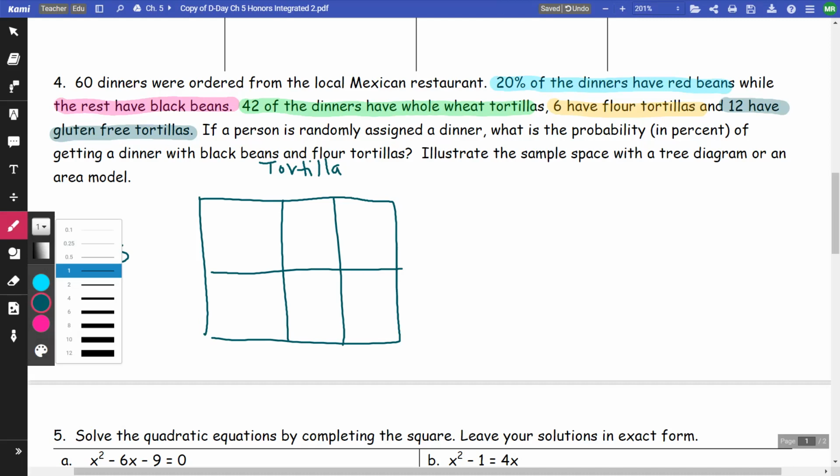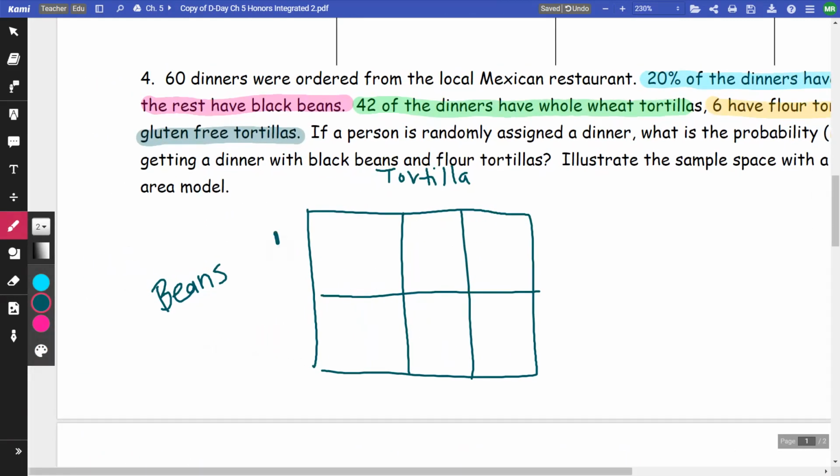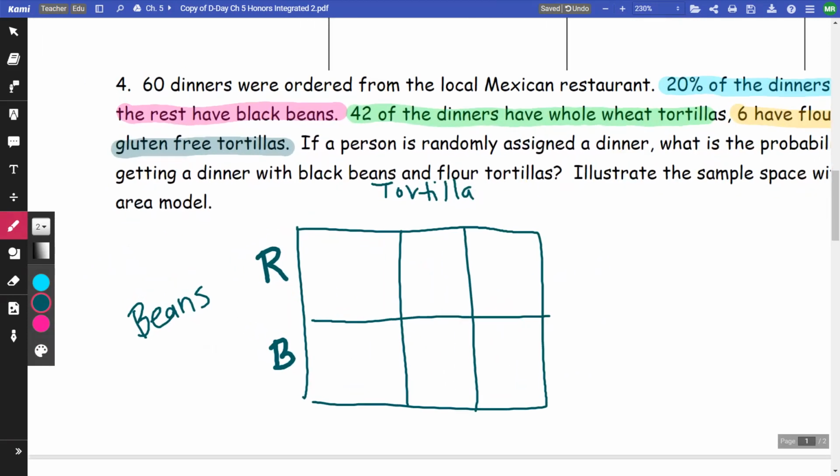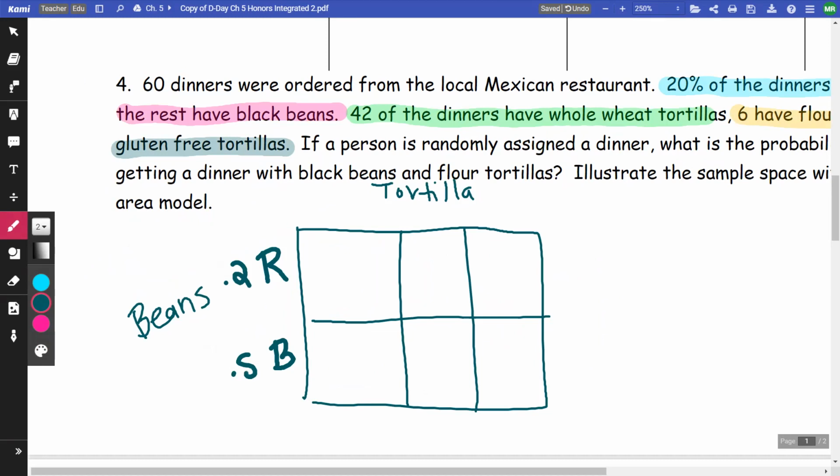And for my beans, I'm going to just put R for red and B for black. And 20% of the dinners have red beans, so this is going to be a 0.2, which means the rest 0.8. And I'm just going to circle those decimals so I can see them.